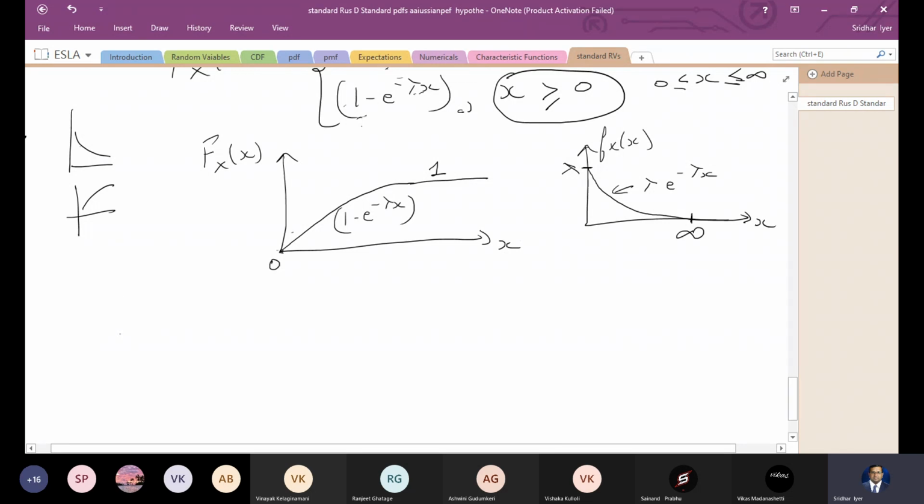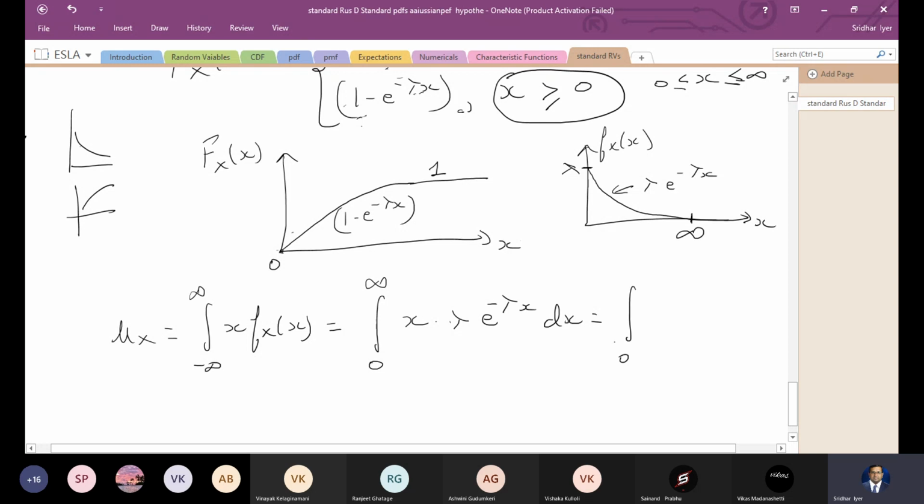Okay. The other parameter is mu x, which is the integral from minus to plus infinity of x f x of x dx. So for the exponential random variable, you start at 0, you go till infinity, you have x, and the PDF which is given to us is lambda e raised to minus lambda x dx. Therefore, you'll have this as 0 to infinity. I'll get the lambda out, x e raised to minus lambda x dx.